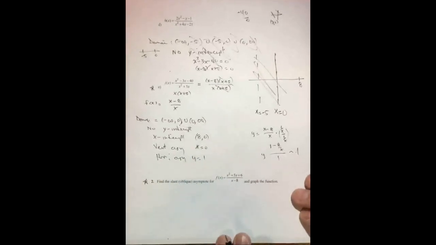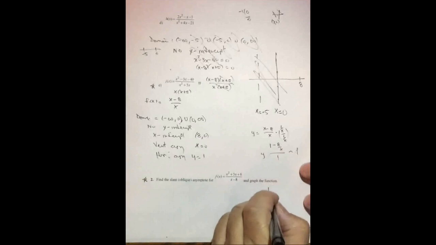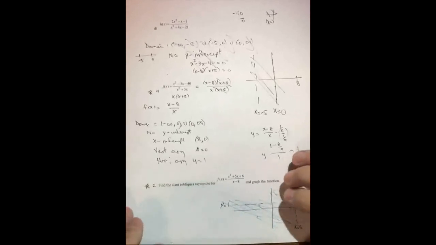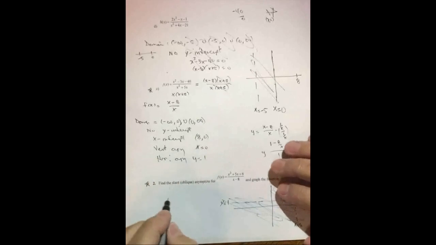So what is the graph of this thing going to look like now? Well, we have a vertical asymptote at 8, and then a horizontal asymptote at 1. Oh, that's not right. Thinking about something else. We have a vertical asymptote at 0.